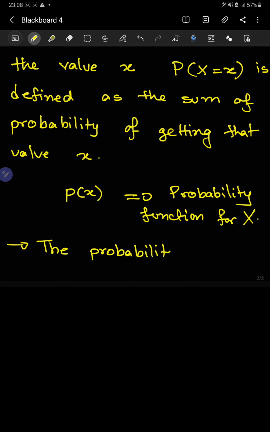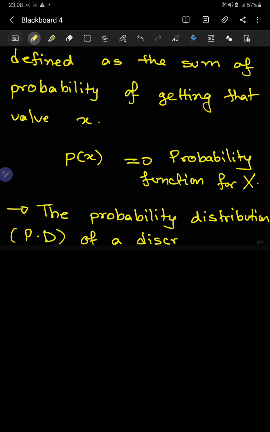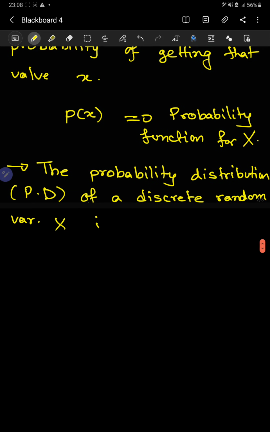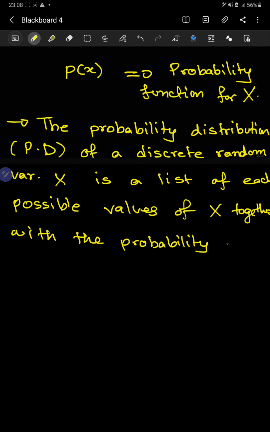The probability distribution, and oftentimes I'll denote it just PD, of a discrete random variable X is a list of each possible value of X together with the probability that X takes in one trial of the experiment.